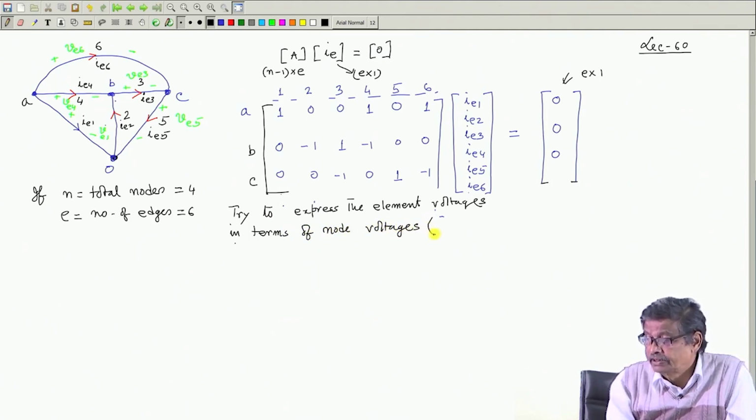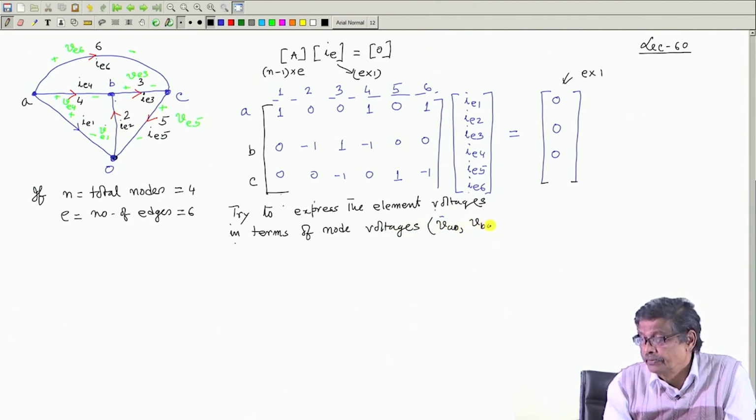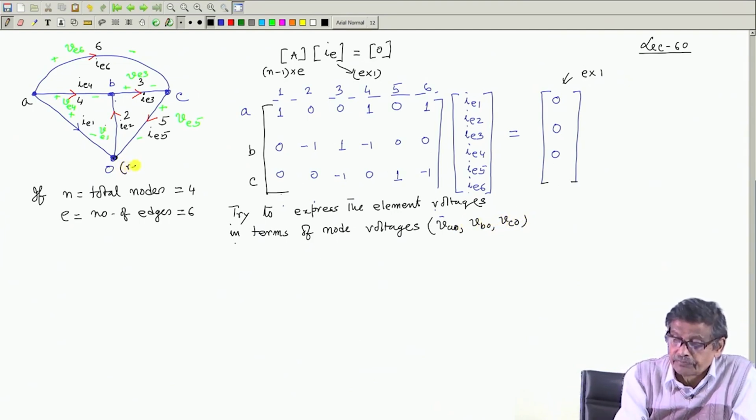What are the node voltages? VA0, VB0 and VC0, where 0 is the reference node.